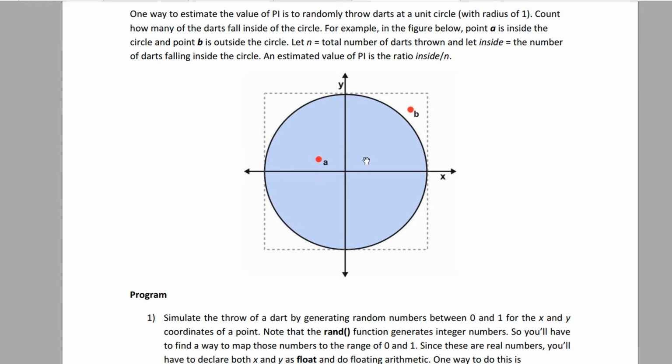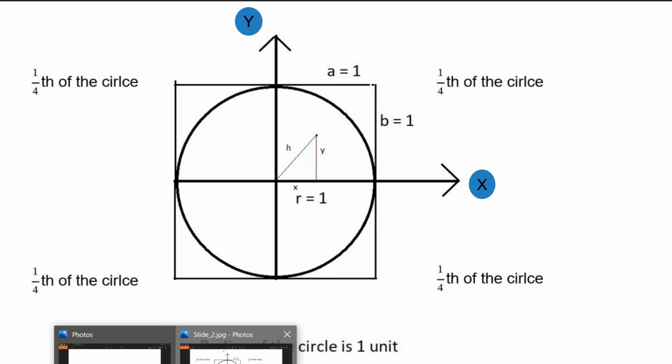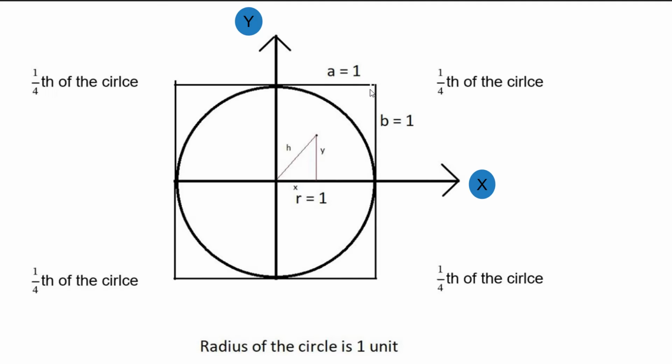This part of the circle is 1/4 of the whole circle, and inside the outside square, this part is 1/4 of the whole square. Let me show, this length is of unit length, and this length is also of unit length, that is a equals to 1, b equals to 1. Then this smaller square, which is 1/4 of the whole bigger square, will have an area of only 1 square unit.